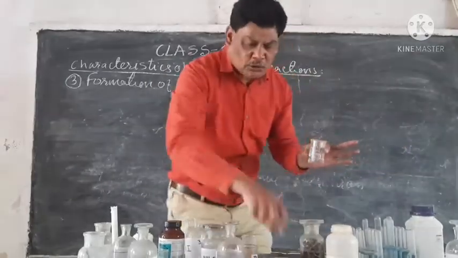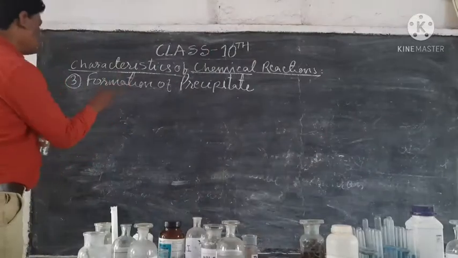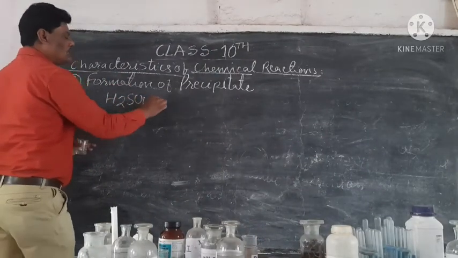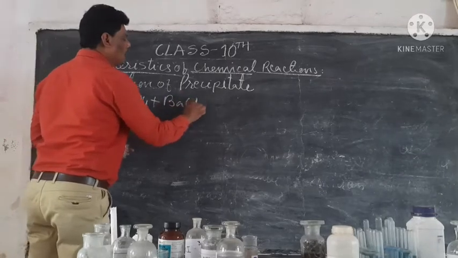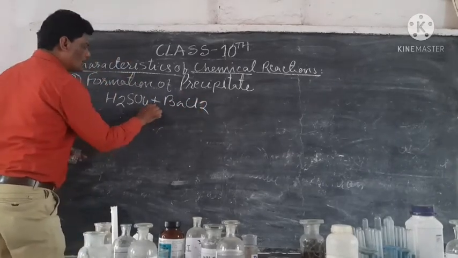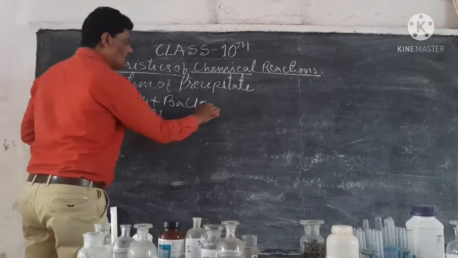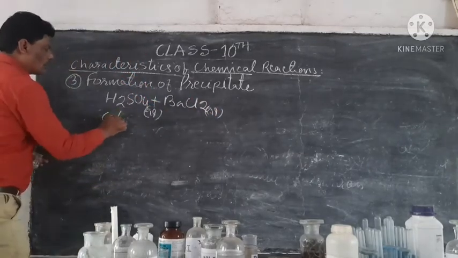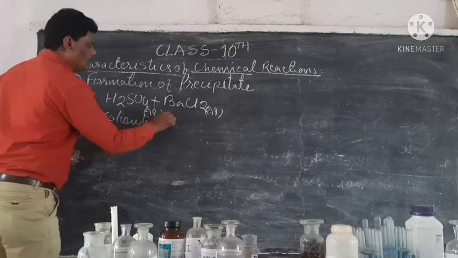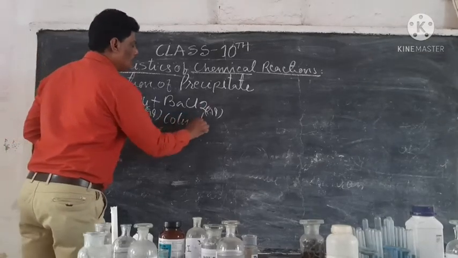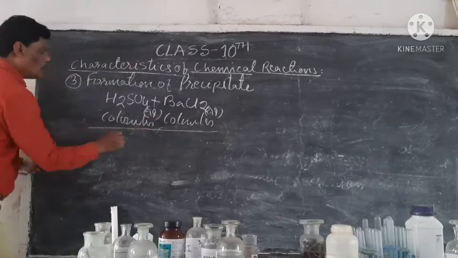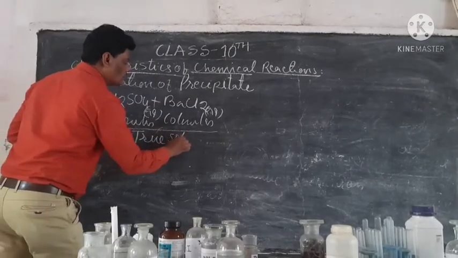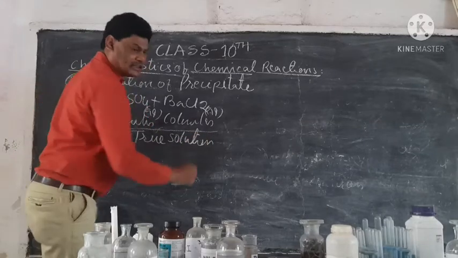So I am adding two substances. First one is H2SO4, plus I am adding BaCl2. This is an aqueous solution of H2SO4 and this is an aqueous solution of BaCl2. It is colorless and again colorless.